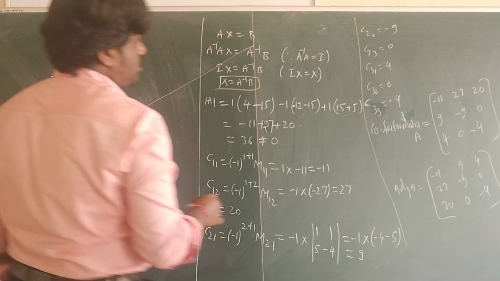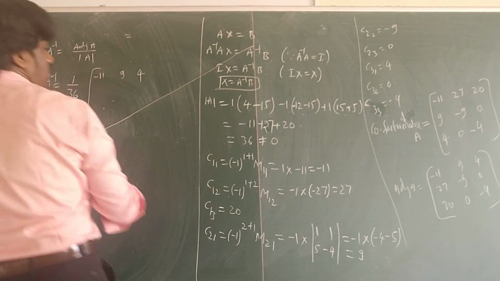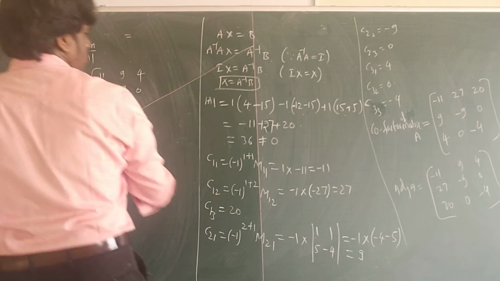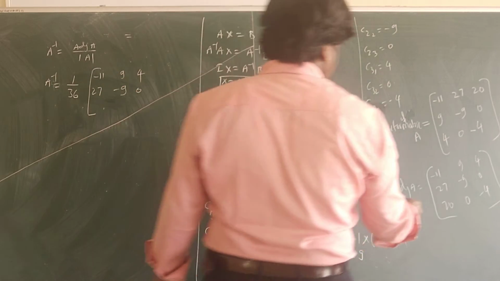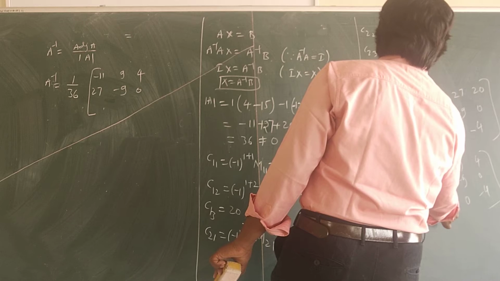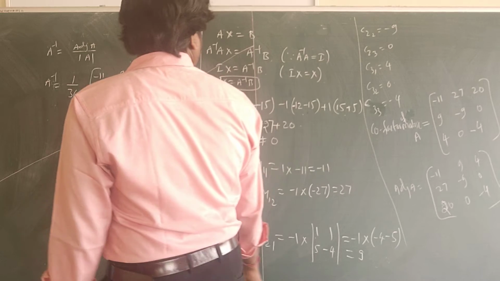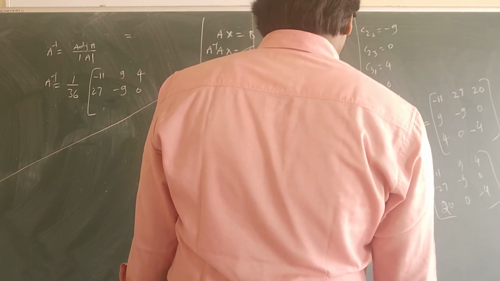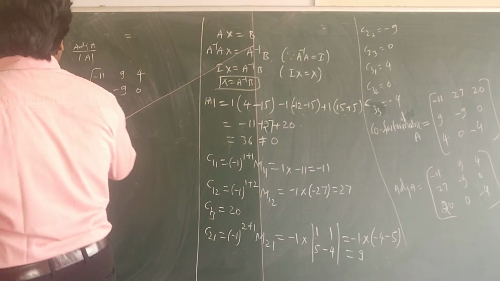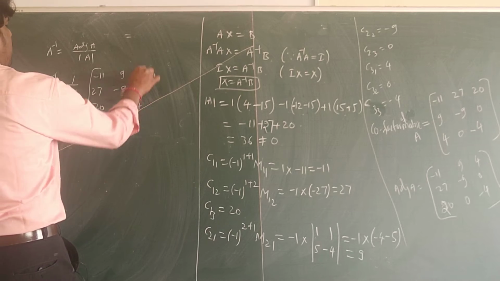Adjoint of A is how much? -11, 9, 4, 27, -9, 0, 20, 0, -4. You got the inverse.